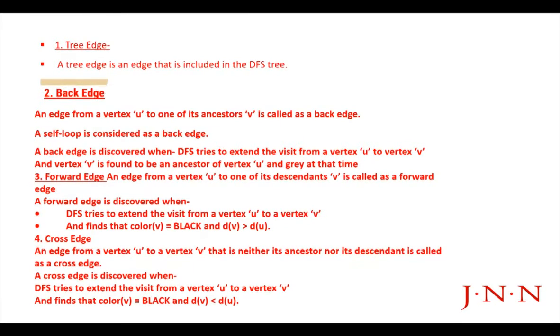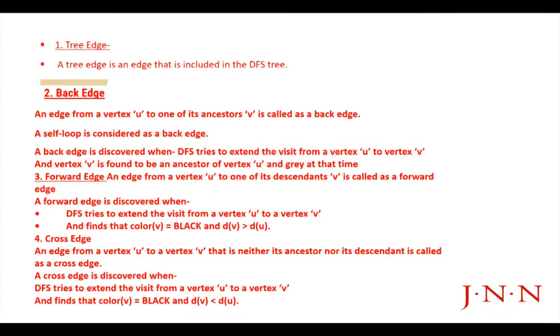An edge from a vertex U to one of its descendants V is called a forward edge. When a forward edge is discovered, DFS tries to extend the visit from vertex U to vertex V and finds that the color of V is black. Then the discovery time of V is greater than that of its ancestor vertex U.